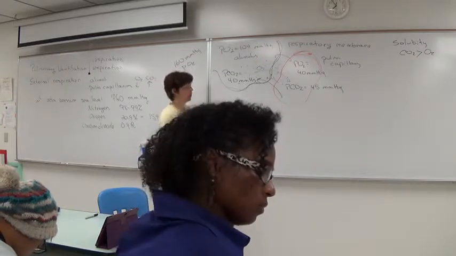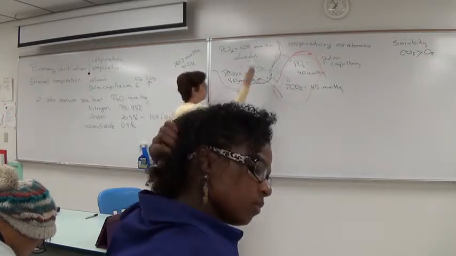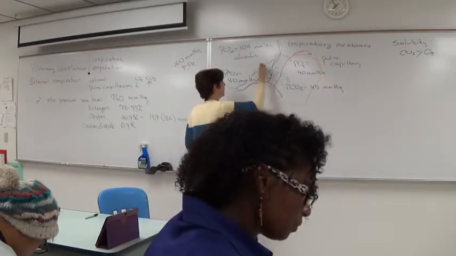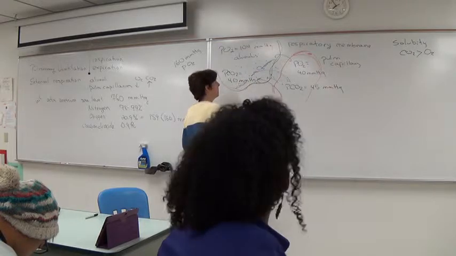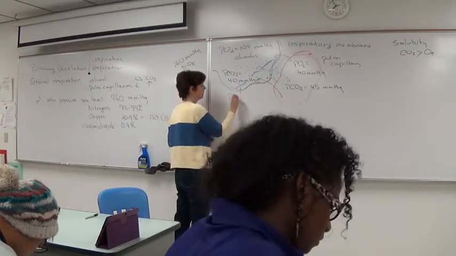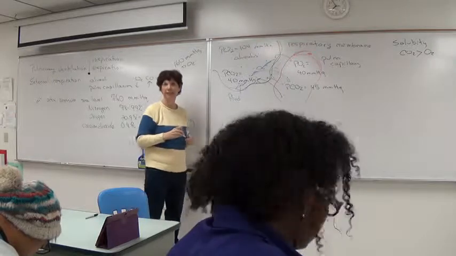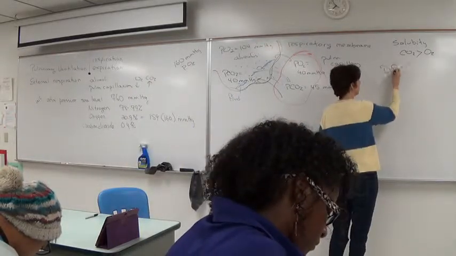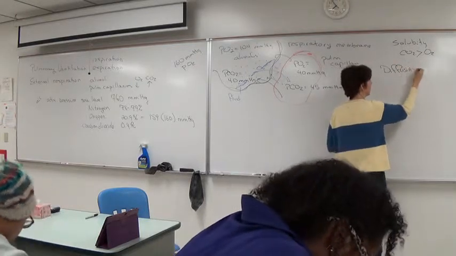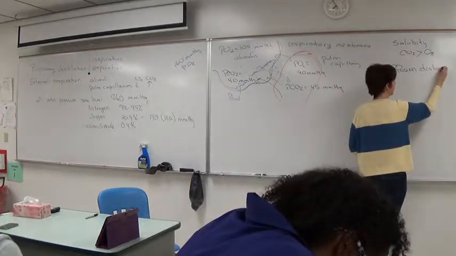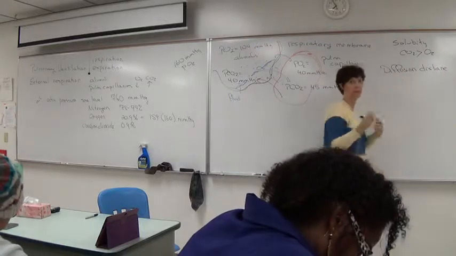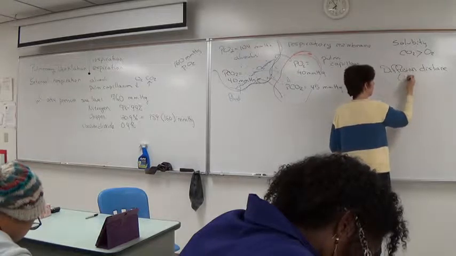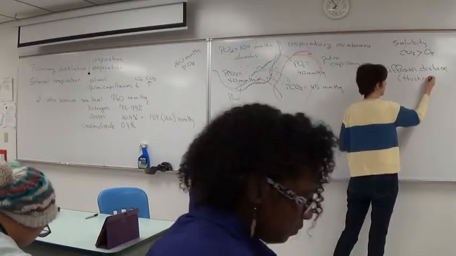If we have pulmonary edema or pneumonia, and we end up getting additional fluid in the alveoli because of the pulmonary edema or pneumonia, that's going to increase diffusion distance. All right. So diffusion distance or the respiratory membrane thickness, not necessarily the thickness of the epithelium itself, because that's not going to get any thicker, but the overall thickness of the respiratory membrane.